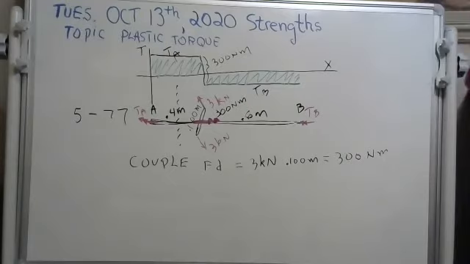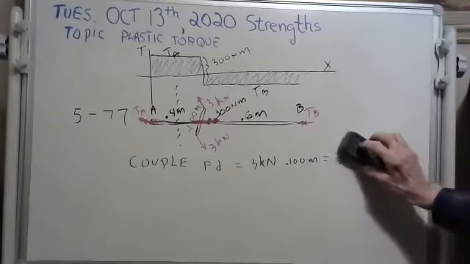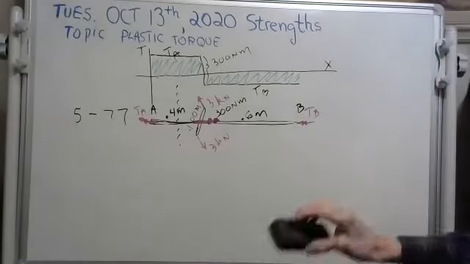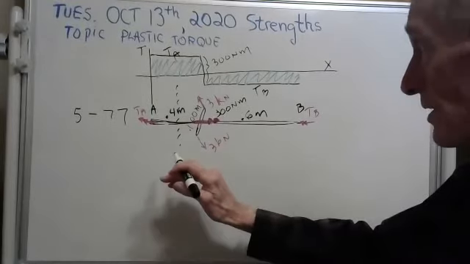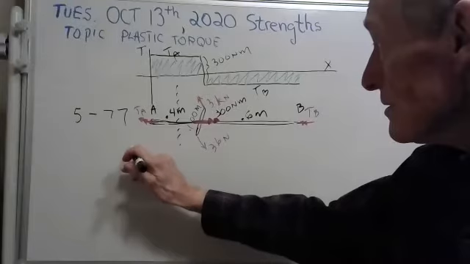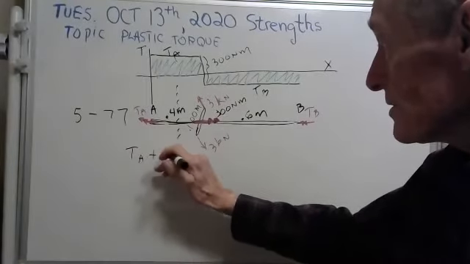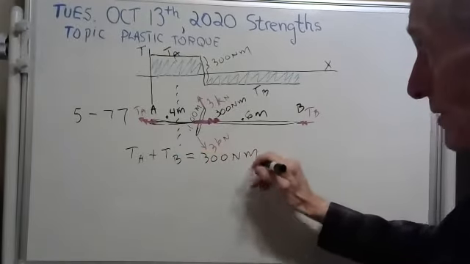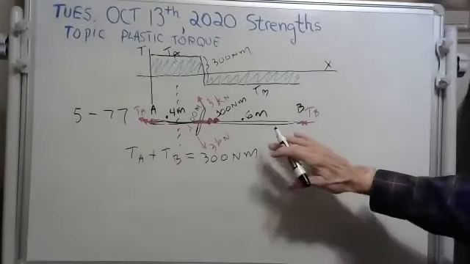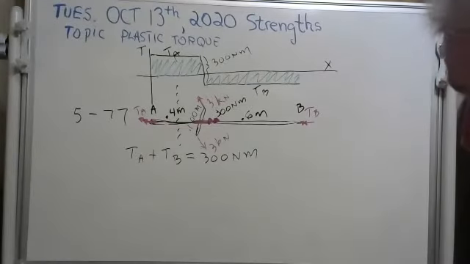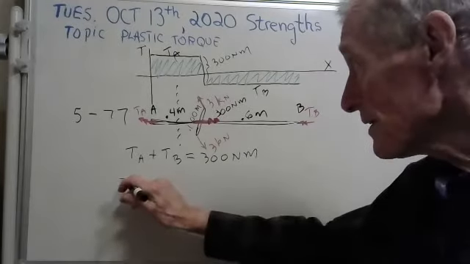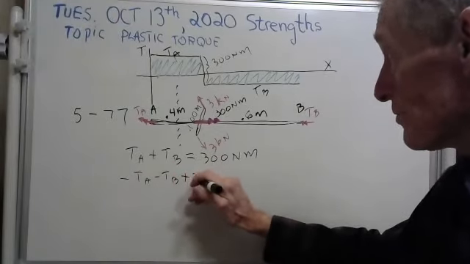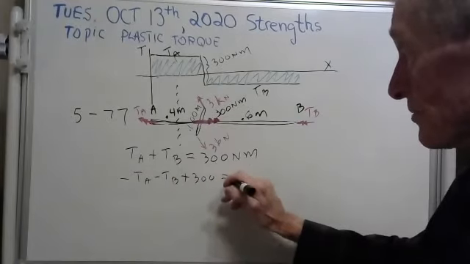See, we have a statics equation. Let me write it for you. Need some room here. The statics equation is going to go like this. The TA and the TB have got to add up to 300 Newton meters. Now they're going to the left. If you wanted to write that as negative TA and negative TB because they're going to the left, and plus 300 because it's going to the right, equals 0, you could.